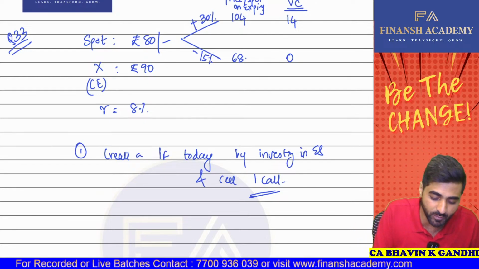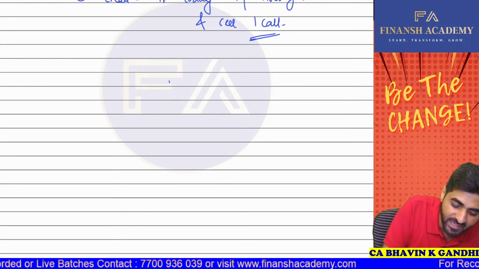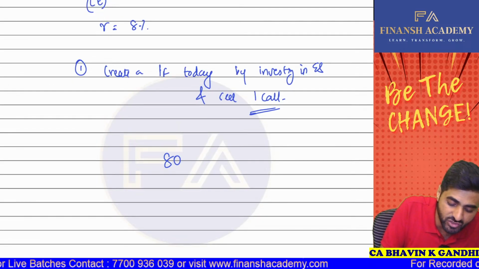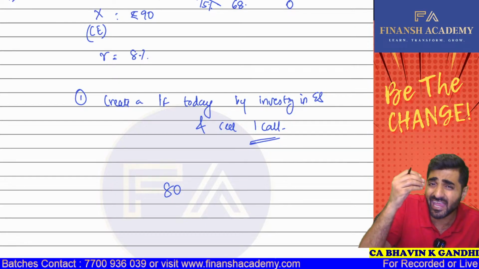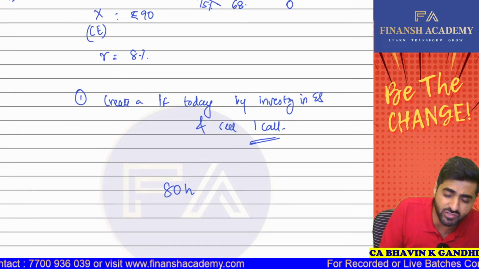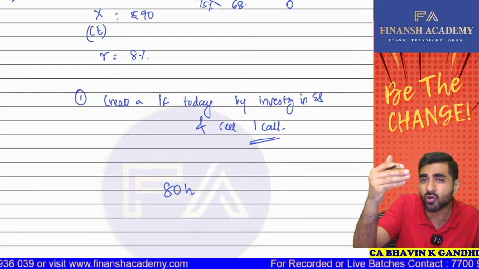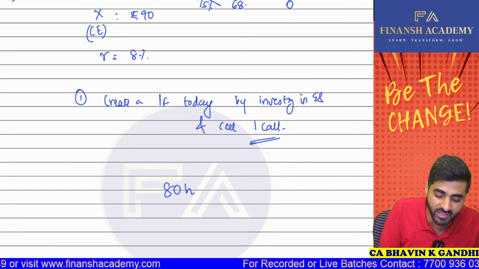The spot price is 80 rupees. Let us invest in H number of equity shares, so the portfolio is 80H, and we'll be selling one call. When we sell one call, can I say we'll be receiving some premium, yes or no?